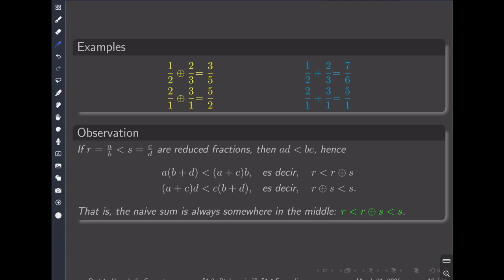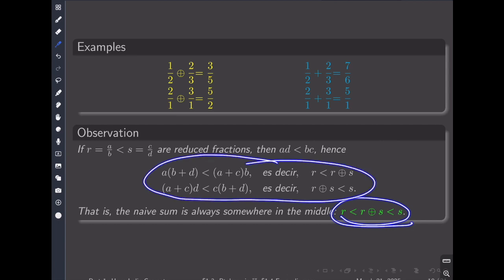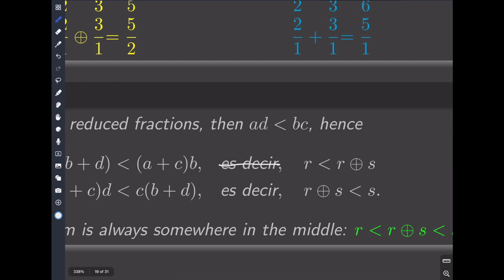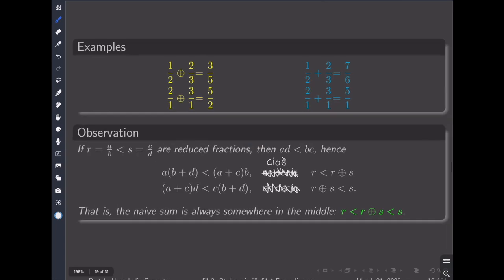But if you take the naive addition, it's actually in between. I wrote "es decir", sorry. So would it be correct if I say this? Sure. No, with O. Like this, no? Yeah. Okay.